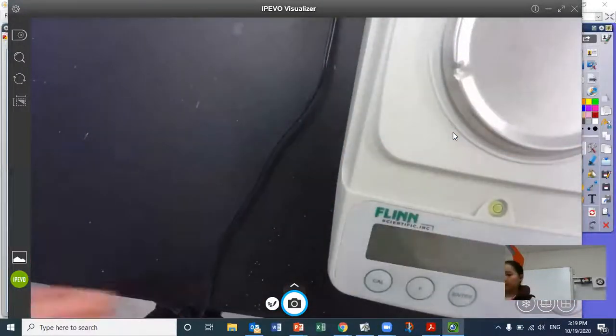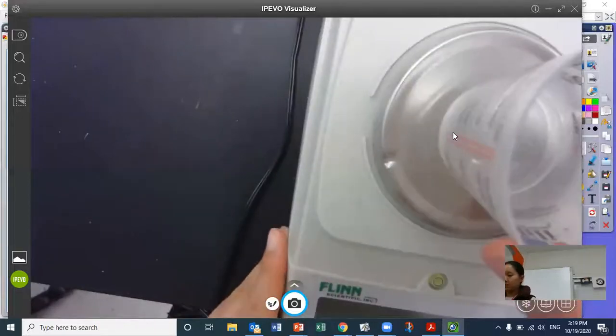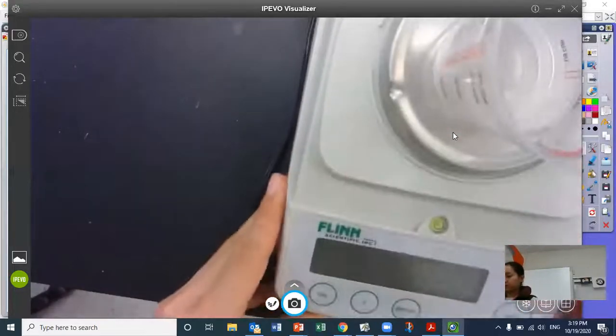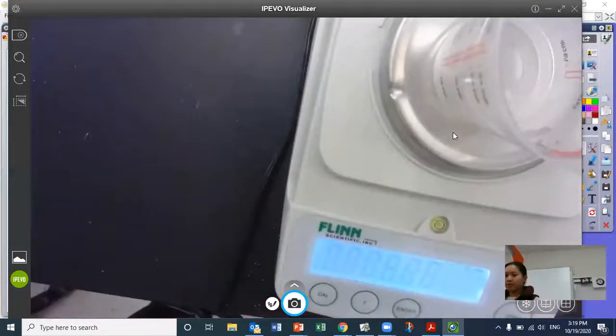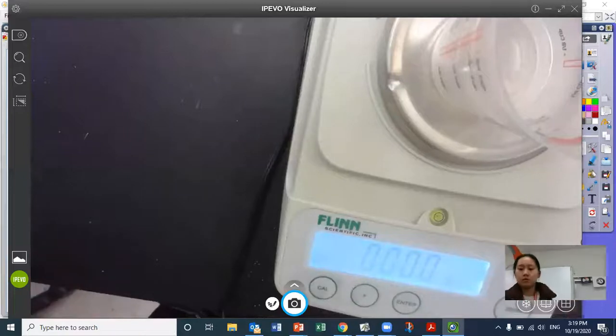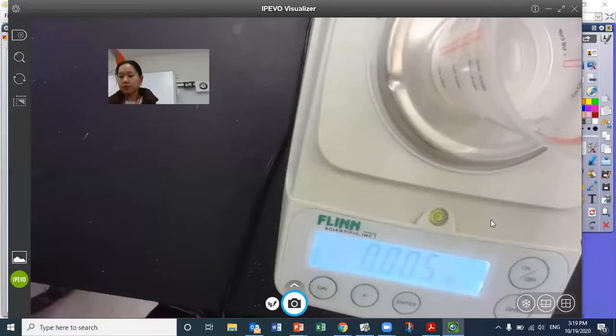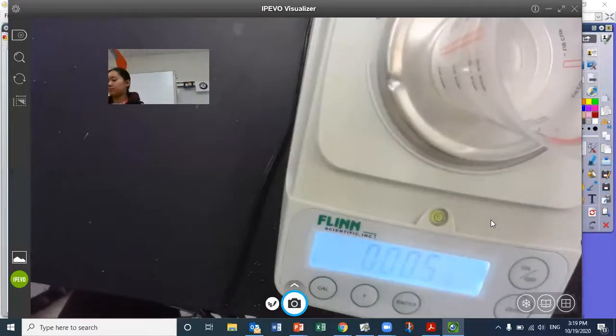So we're going to put on a cup to hold them, and then we're going to click on, and we're going to wait for the scale to turn on and to set itself. And then we want to click 0 at the bottom here. It usually says 0 or tare, T-A-R-E, and it's going to then make the cup mass 0, so that the only mass that you're calculating is going to be the mass of the tube.